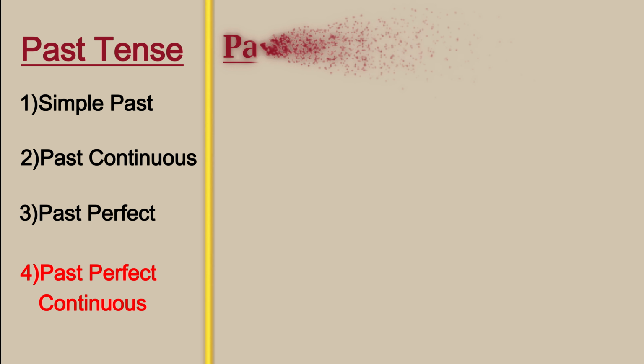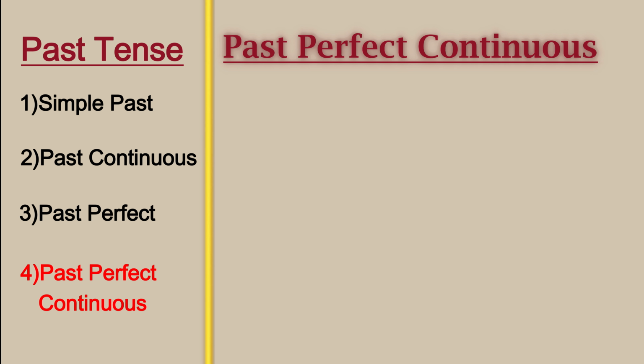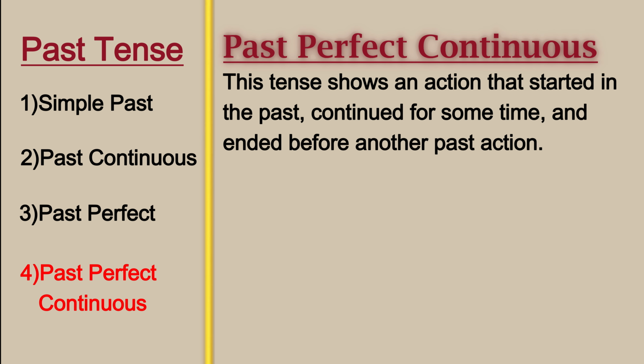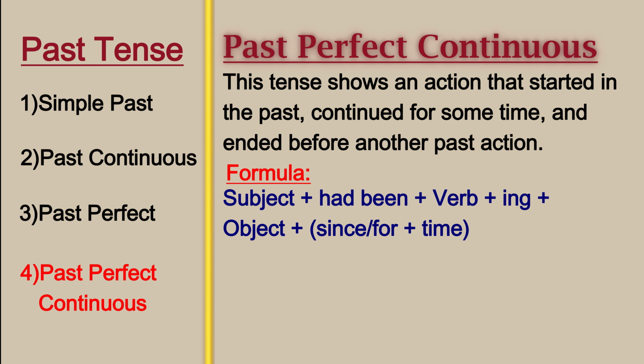Now, let's learn the past perfect continuous tense. This tense shows an action that started in the past, continued for some time, and ended before another past event. The formula is subject plus had been plus verb with ing plus object plus since or for and the time.